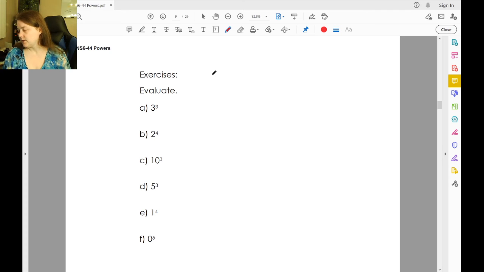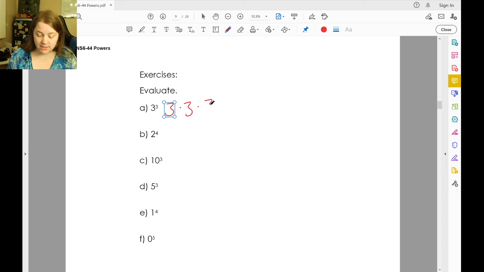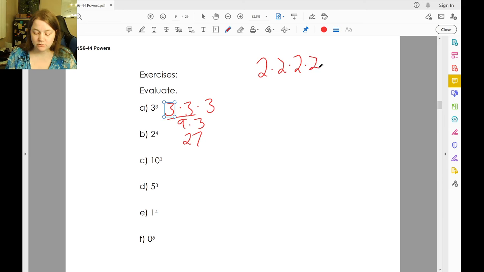Welcome back. So for letter A, that would be 3 times 3 times 3. 3 times 3 is 9, times 3 is 27. Letter B is a bunch of 2's, 2 to the 4th power, which means I'll see the number 2 4 times. 2 times 2 is 4, times 2 is 8, times 2 is 16.